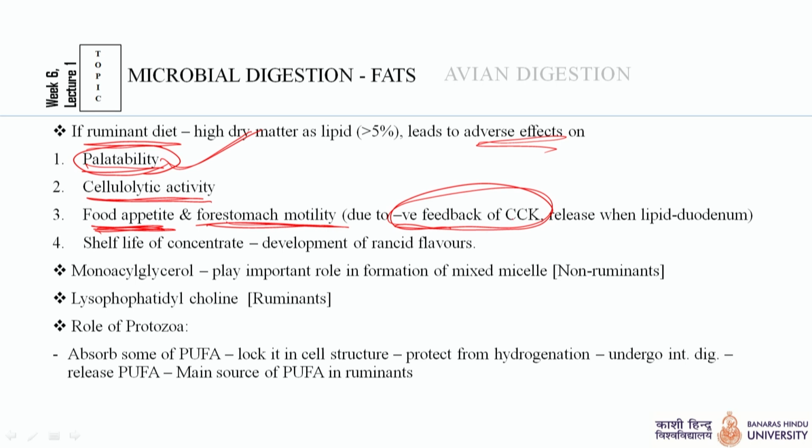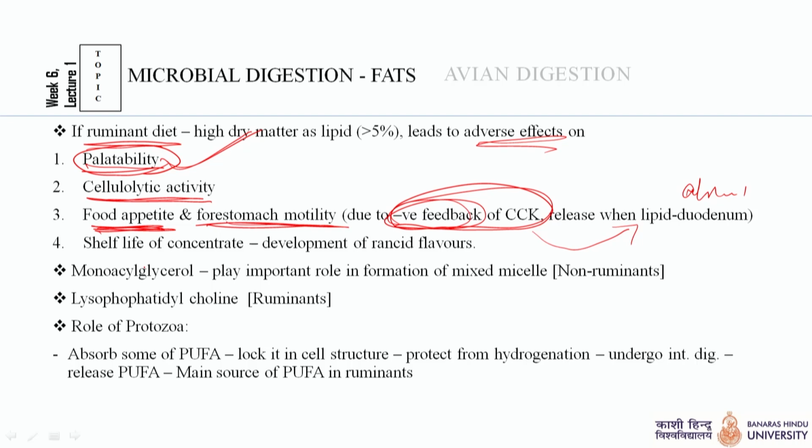It causes the digestion of the lipids and enhances the absorption of the lipids. So this cholecystokinin is released when there is lipid in the duodenum, because it has to be absorbed by the lacteals.